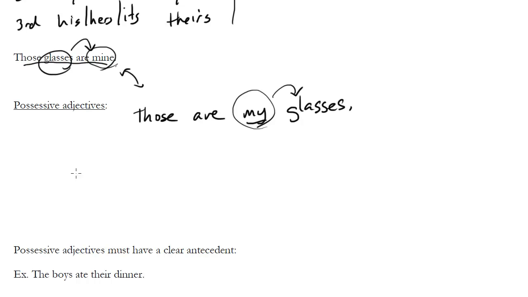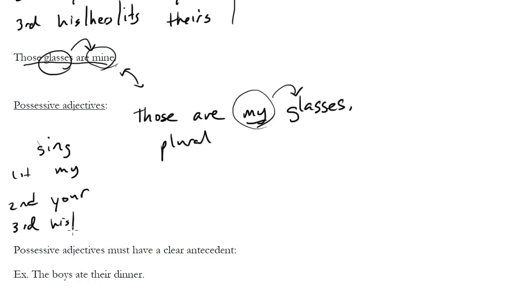Again, you know these, but just to refresh your memory, singular, plural, first, second, third. So first person singular would be my, and then we'd have your, his, her, its, our, your, their. Sorry, I got ahead of myself there with its.